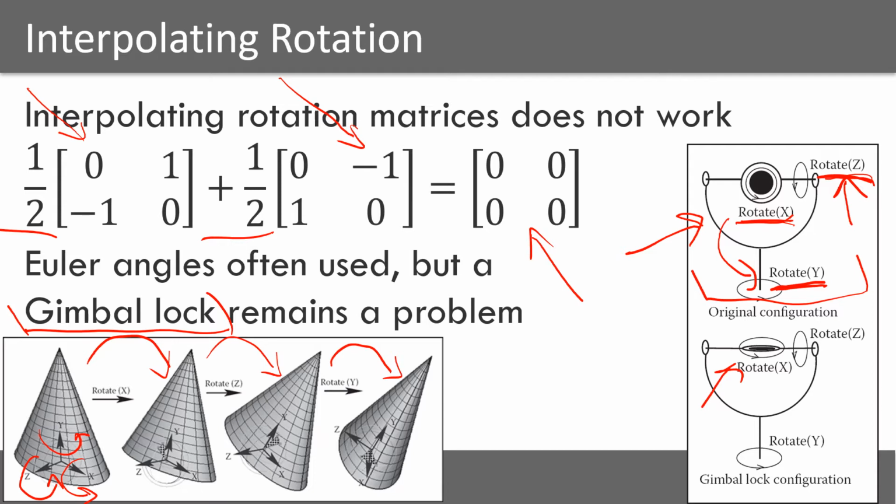So the Euler angles are not recommended for performing the interpolation of rotation in computer animation. And this holds for Euler angles, which are bound to the object, and for the fixed angles, which use the world coordinate axes.